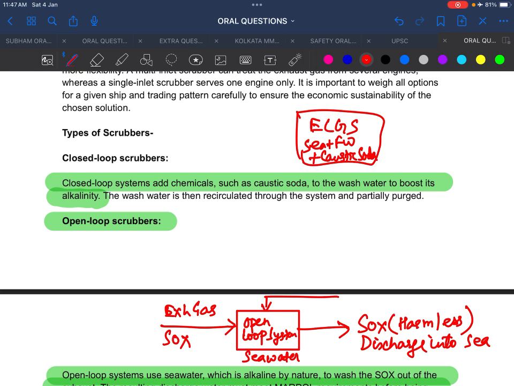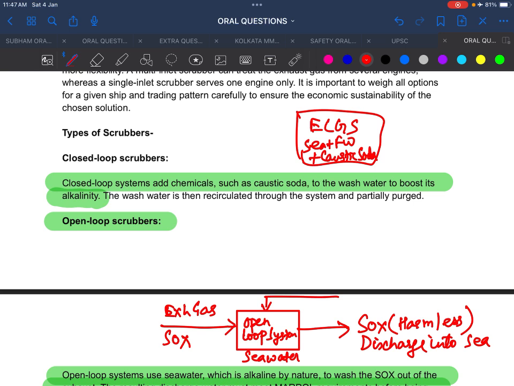The main purpose of caustic soda is to boost the alkalinity of the water, so it can convert into the harmless product easily. We add the caustic soda to the seawater or maybe fresh water also. After that it boosts the alkalinity, and the wash water is then recirculated through the system and partially purged.